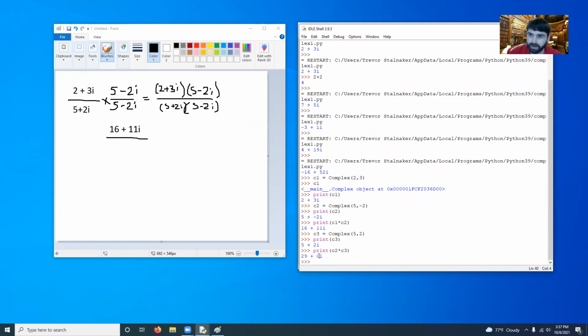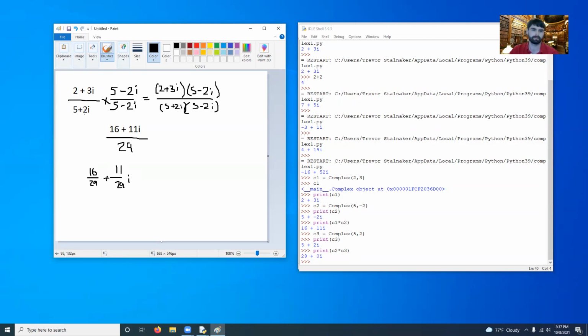And look at that, there are no i's there, it's 0i. So it's just 29. So effectively what we have here is 16 over 29 plus 11 over 29i.